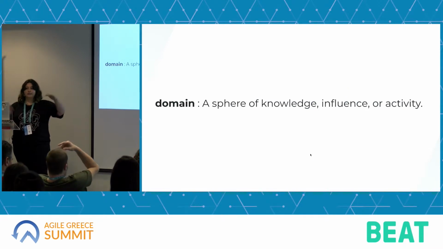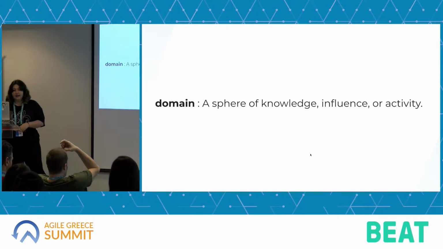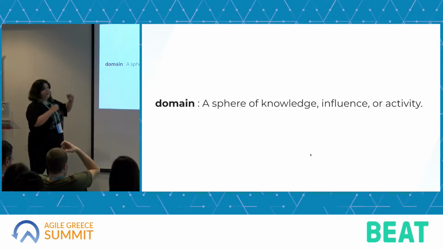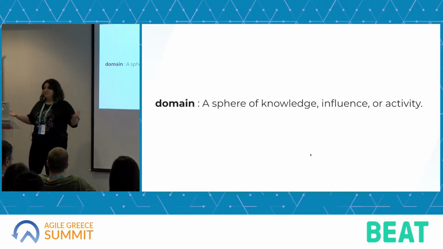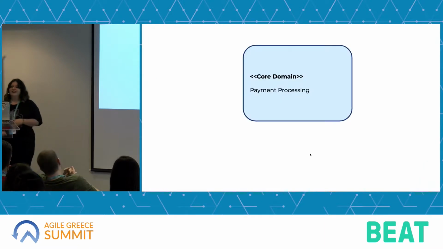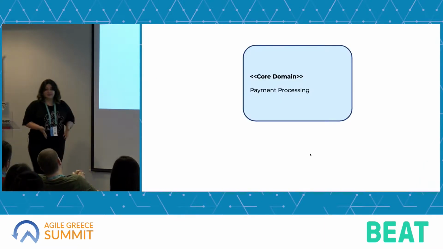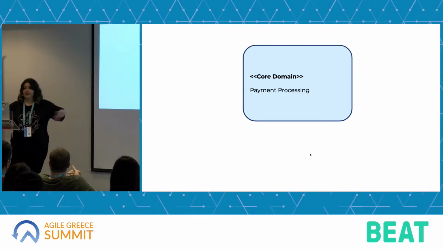And I'll go through some definitions to be able to go through my example on that. When I say a domain, I haven't defined it, and I have been using it for a long time. It is just a sphere of knowledge, a very abstract definition. For example, for TransferWise, our core domain is payment processing, and we have other subdomains in our product.